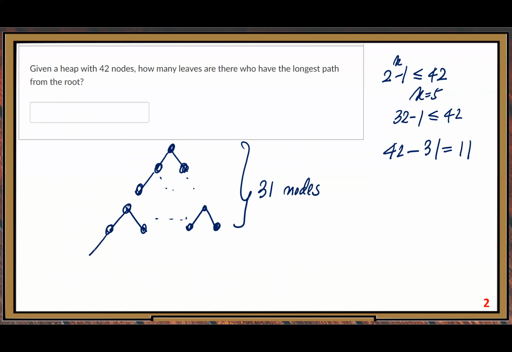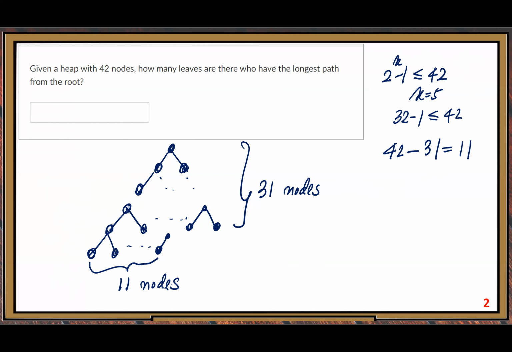That means there are 11 nodes at the bottom level. Then, for the longest path from the root, we start from the root and reach one of the 11 bottom level leaf nodes, one of the 11.